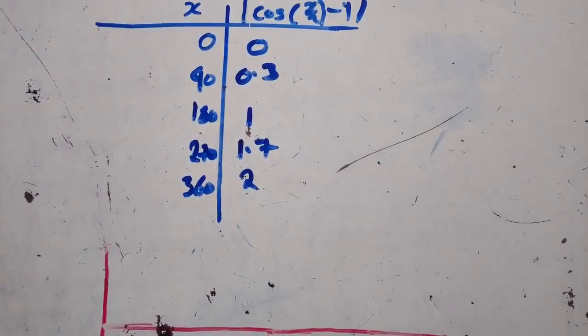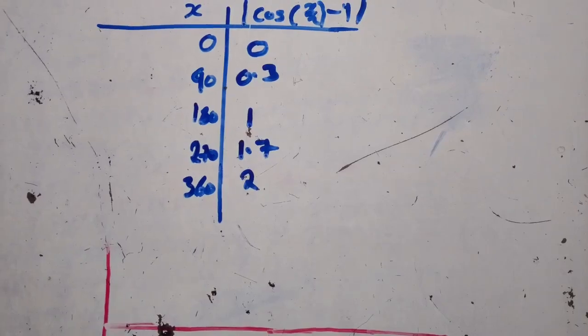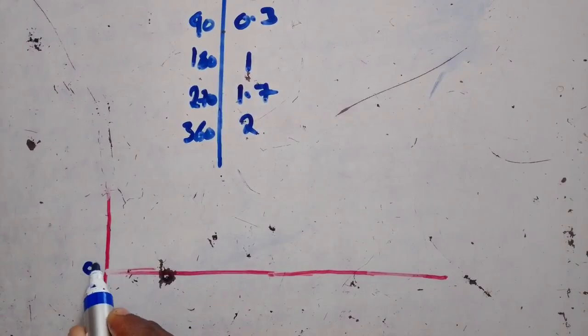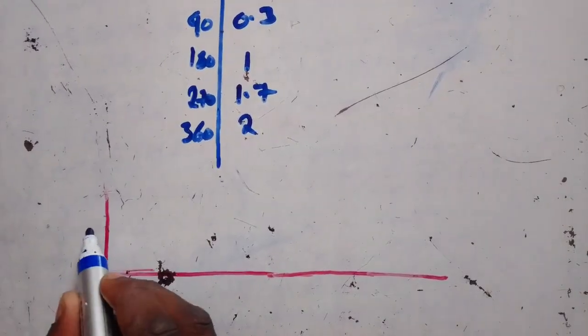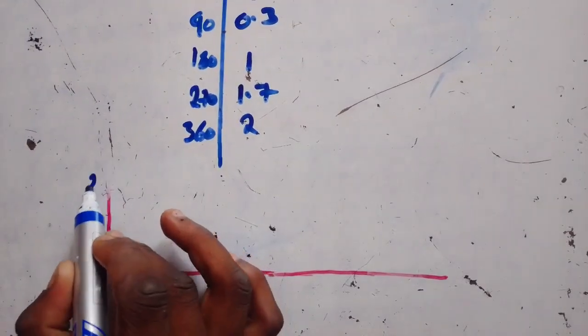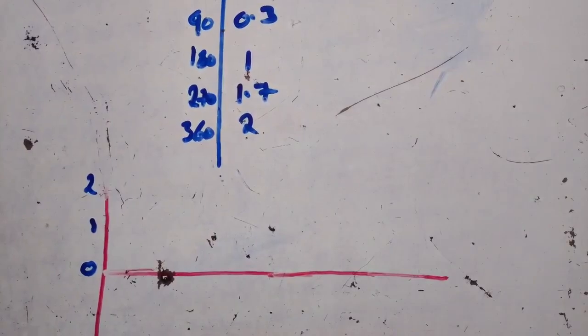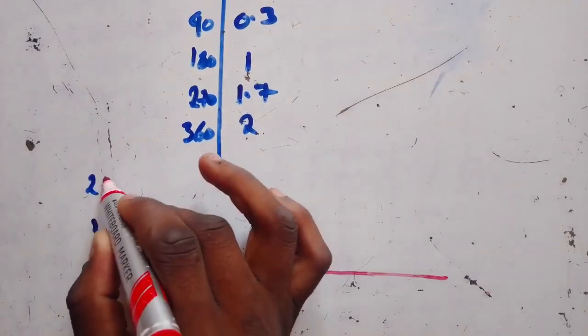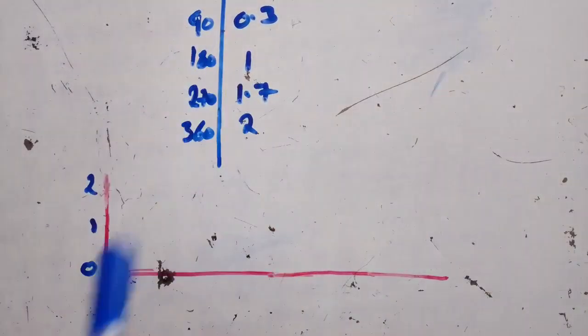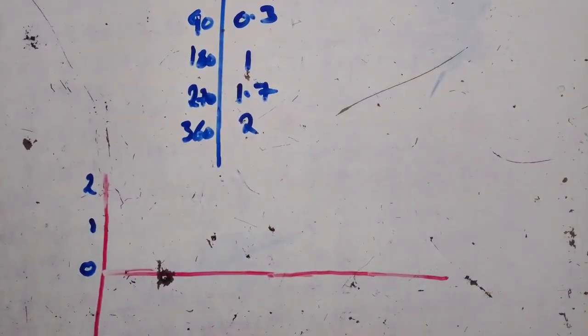The first is 0, then 1, and last we have 2 on top. Then we start graphing. But before you start graphing, put these values on the x-axis, because that represents the value for x.